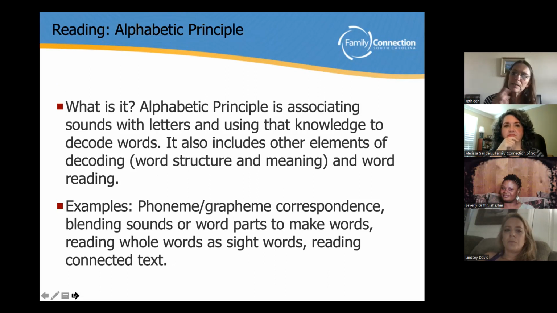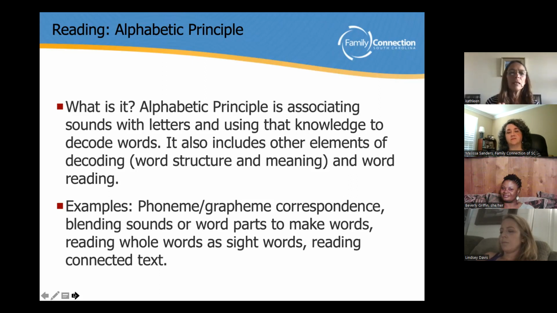And this is the second skill area where our kids with dyslexia have the most problem. And this is the alphabetic principle. This is the building block of reading. And we have to be very careful when we look at curriculum here, okay? I'm going to talk about this again later, but the alphabetic principle is associating sounds with letters and using that knowledge to decode words, okay?